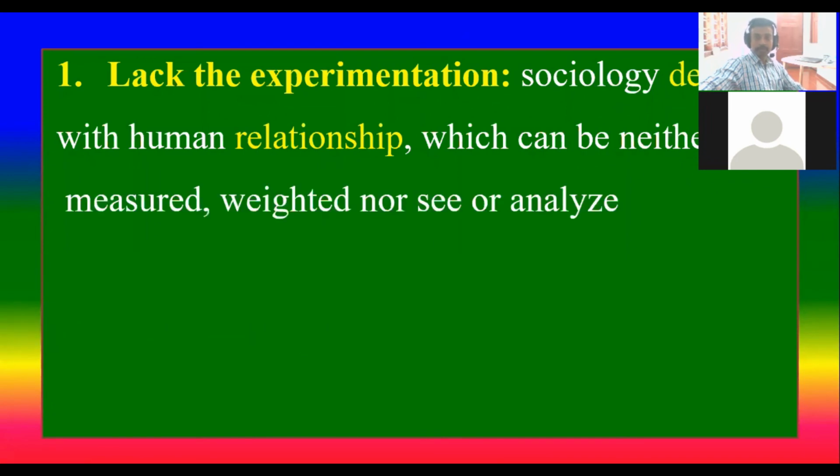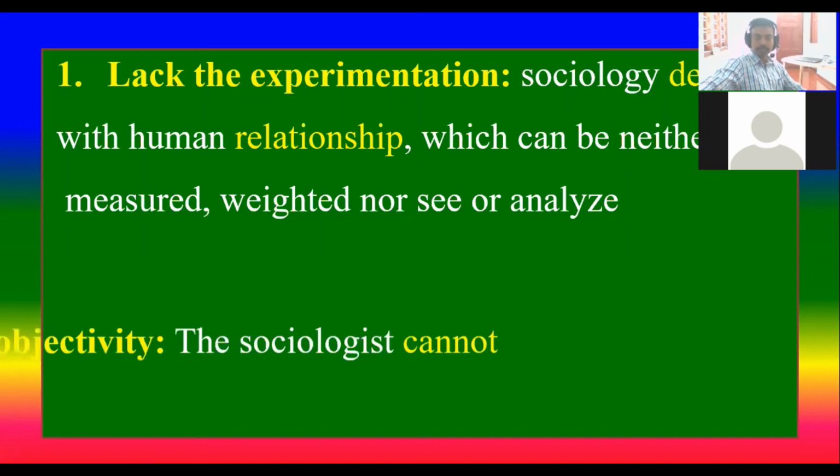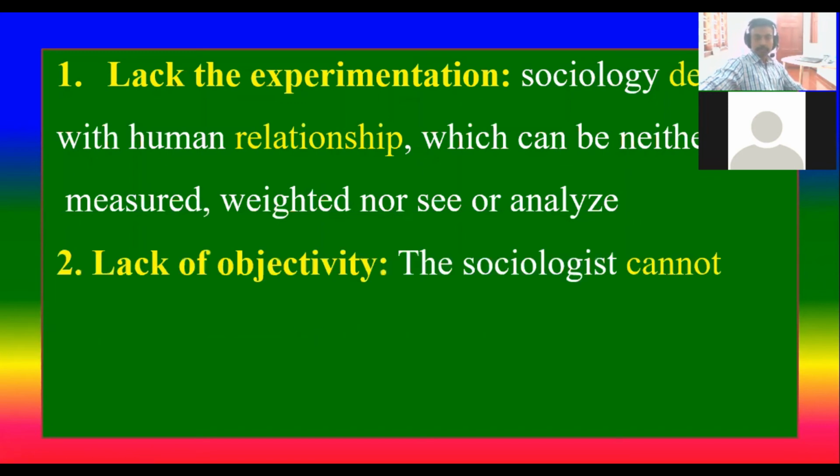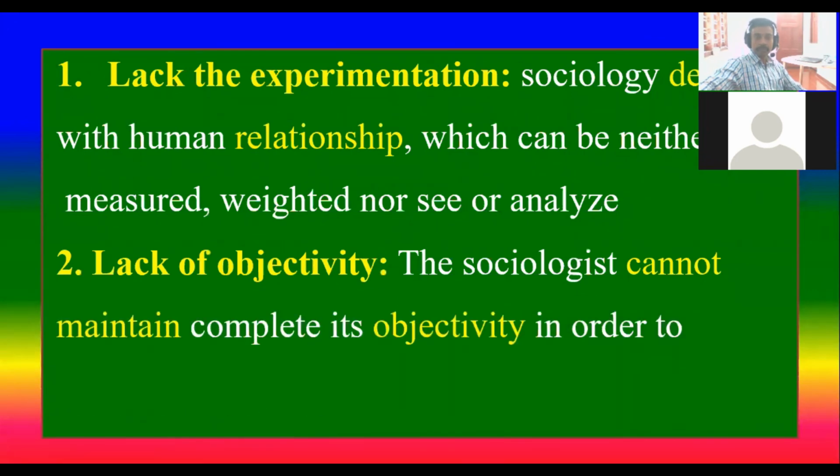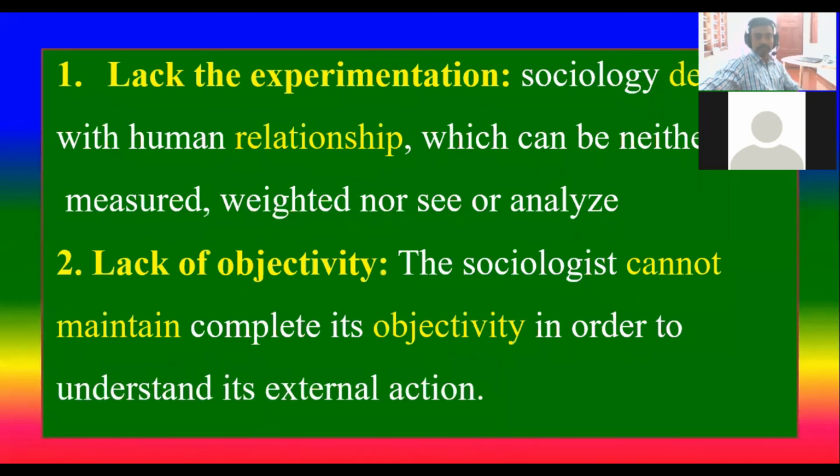According to my philosophy, the physiology of sociology is not a science. Second one, lack of objectivity. It cannot maintain its objectivity. It is difficult to set objectives. For example, the same kind of program launched in two communities, tribal and urban.